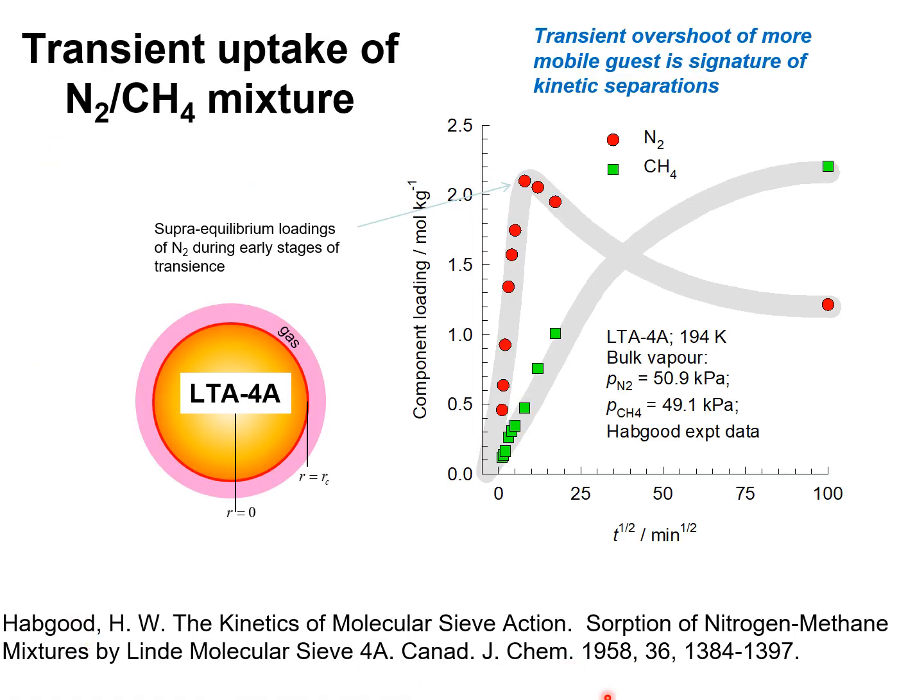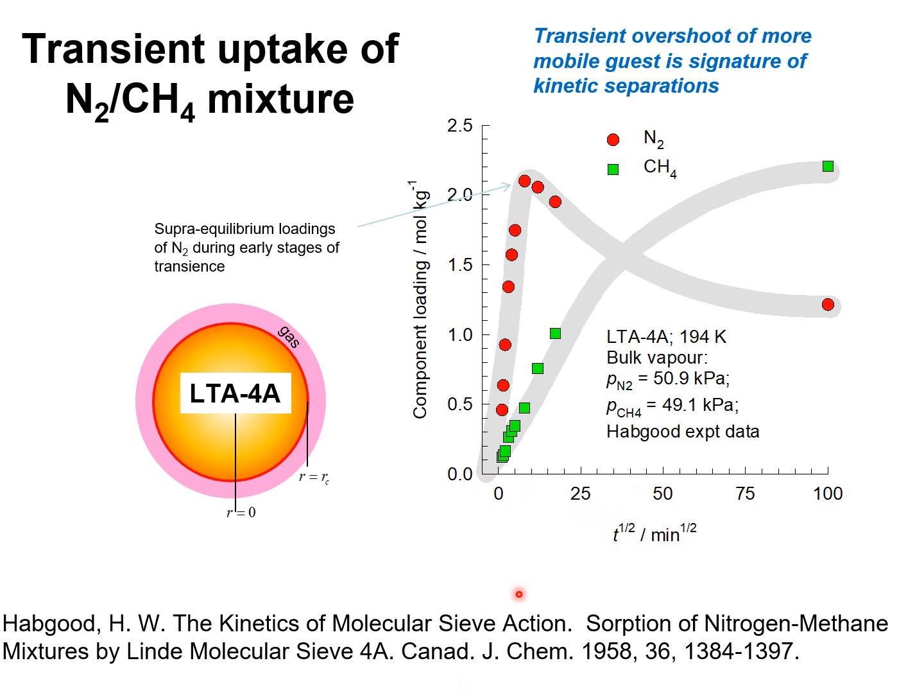Hapgood in 1958 published a set of experimental data on transient uptake of nitrogen and methane in LTA4A zeolite at a temperature of 194 Kelvin.